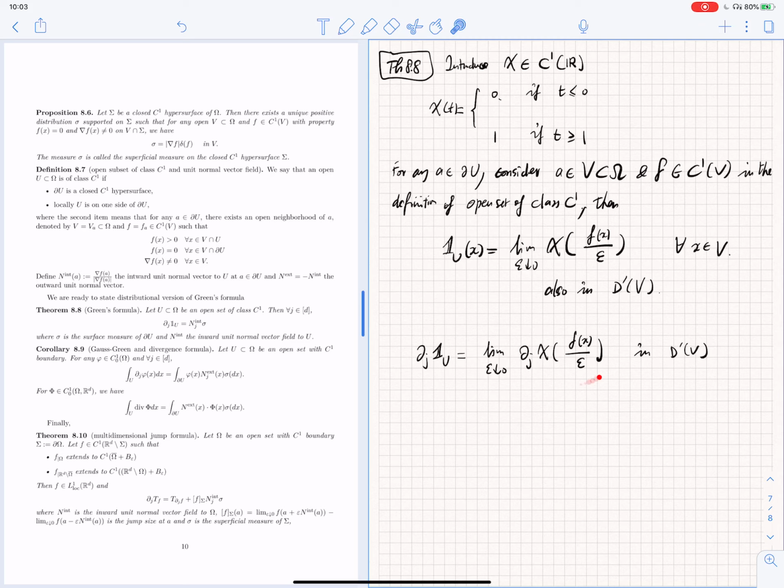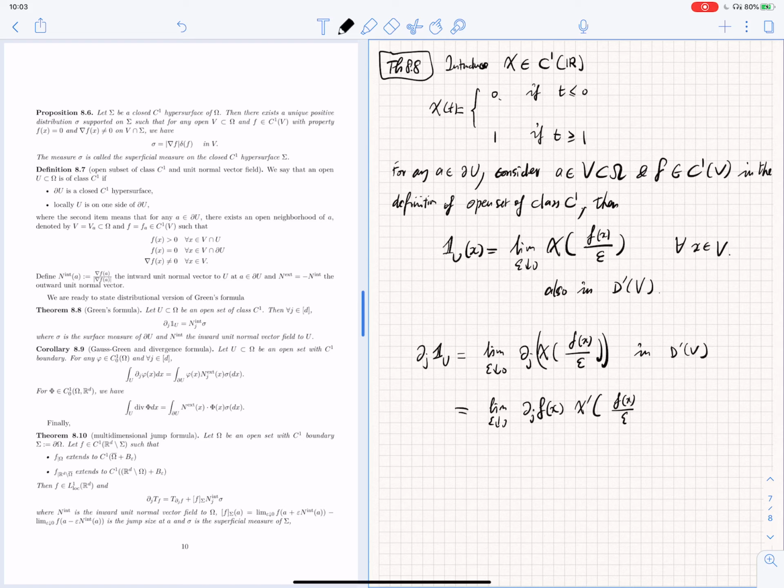Now it is a real function, and it is actually a composition of a C1 function with a C1 function, so it is a C1 function. So this makes sense, and we can actually have a convergence. To be more precise, we use the chain rule to have that it becomes the partial derivative j of f of x, chi prime of f of x over epsilon.